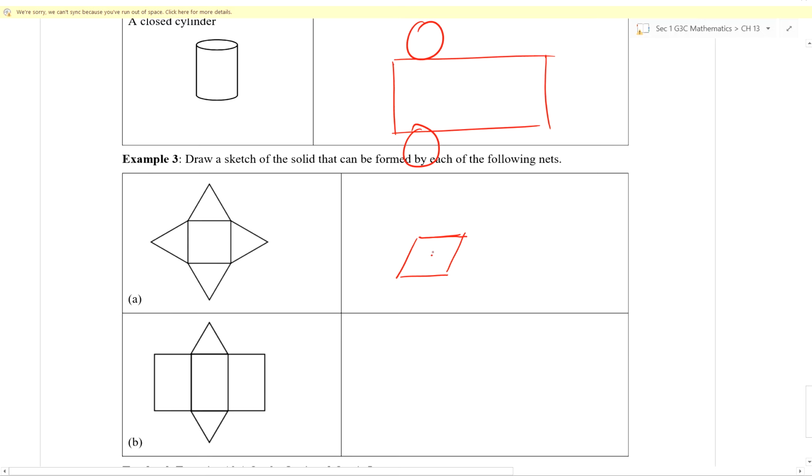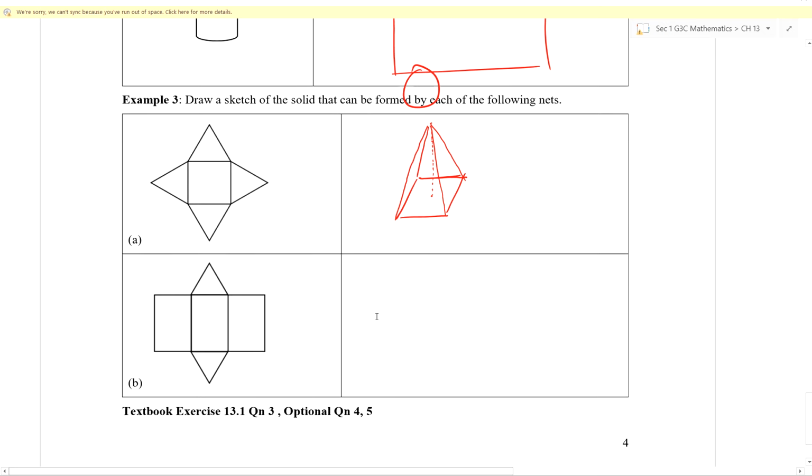Identify the center of the rhombus, give it a perpendicular height, and join the tip to all four corners. This will be our pyramid with a square base.